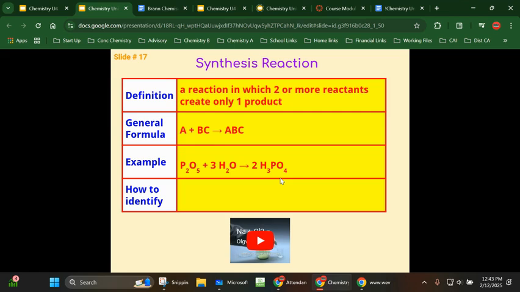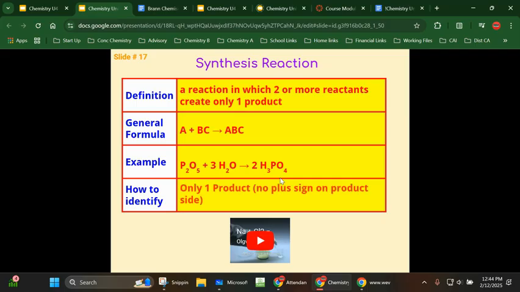This is a covalent compound, so that would be one that I would have to give you because I wouldn't expect you to know how to put phosphorus and oxygen together into a compound. I would give you the name like I just did. And then there is water as another reactant. Please remember, anything before the arrow is a reactant, anything after the arrow is a product. And you'll notice that there is no plus sign after the arrow.